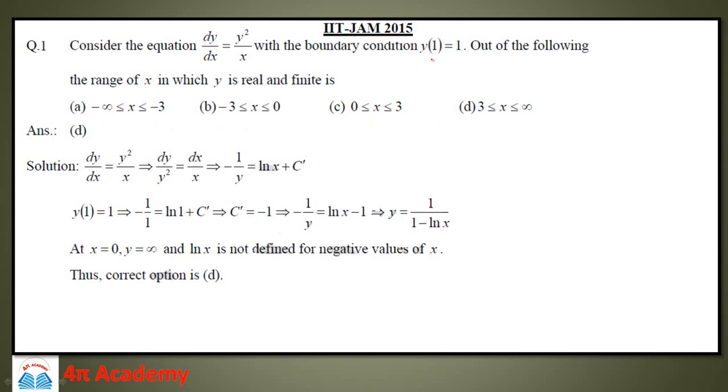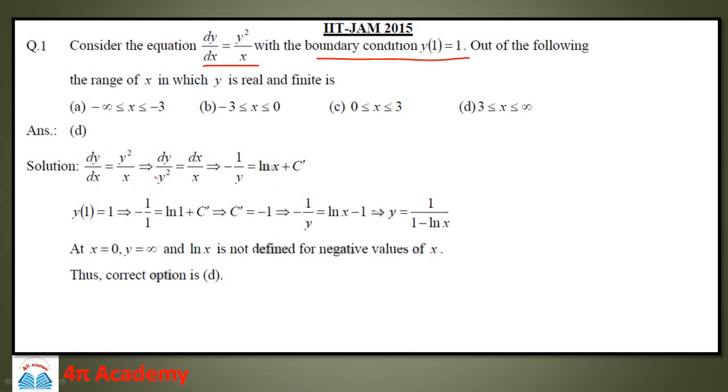Now here we are given the differential equation with the boundary condition y of 1 is equal to 1. It means that when the value of x is equal to 1, the value of y is equal to 1. So let us begin with our differential equation, dy by dx is equal to y square by x.